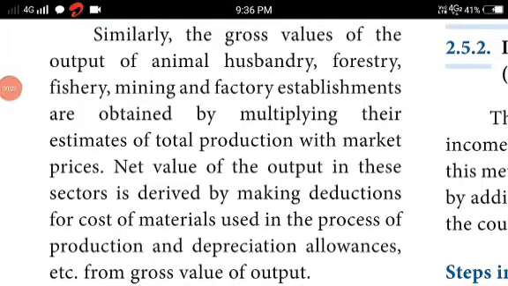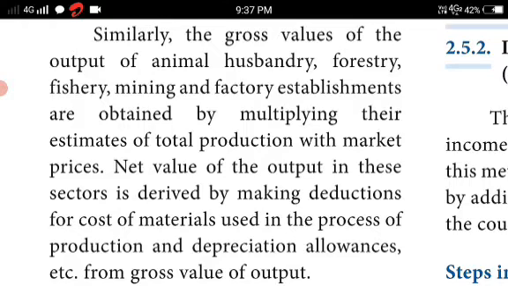Similarly, the gross value of the output of animal husbandry, like the agricultural farm, here we are going to calculate the animal husbandry, forestry, fishery, mining and factory establishments, obtained by multiplying their estimates of total production with the market prices. We have to multiply each and every factor with the market prices.